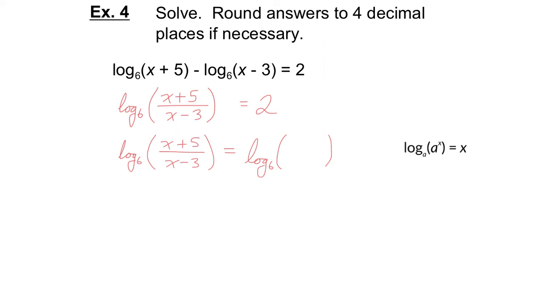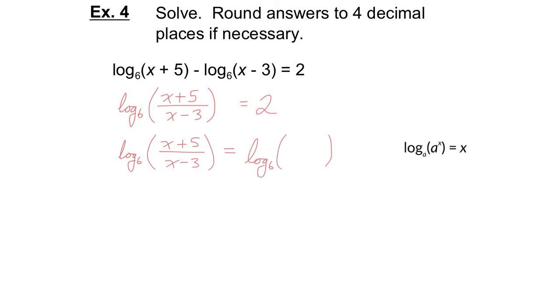I'm going to remind you of this rule that I showed you in the previous lesson. Log base a of a to the x equals x. I proved this in the previous lesson. This is a property that is always the case.